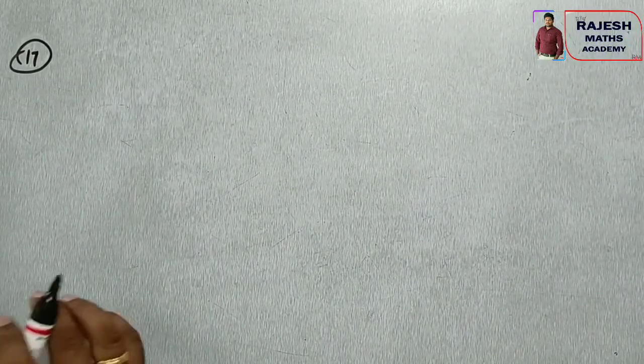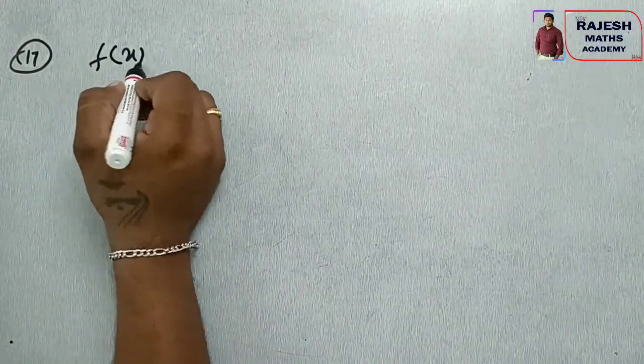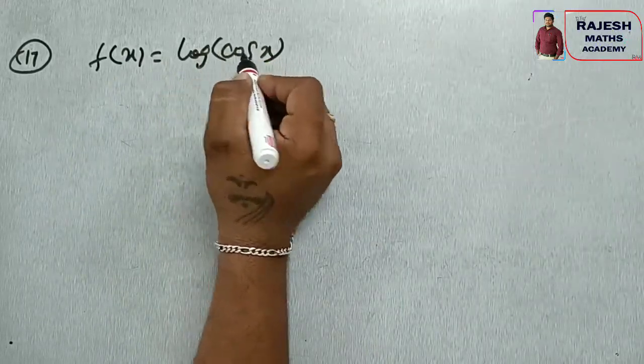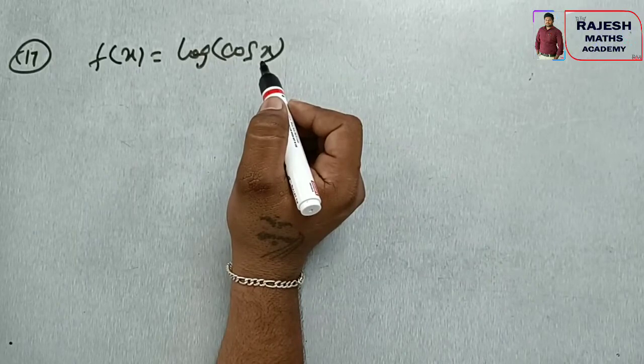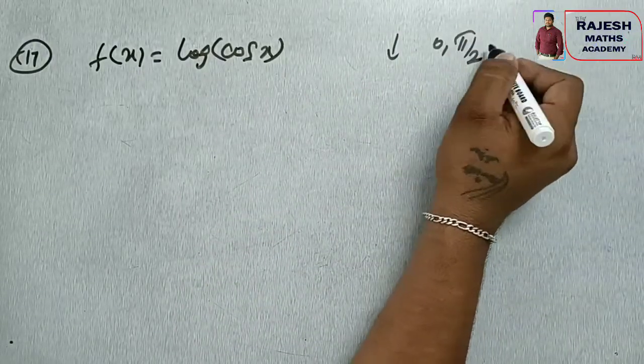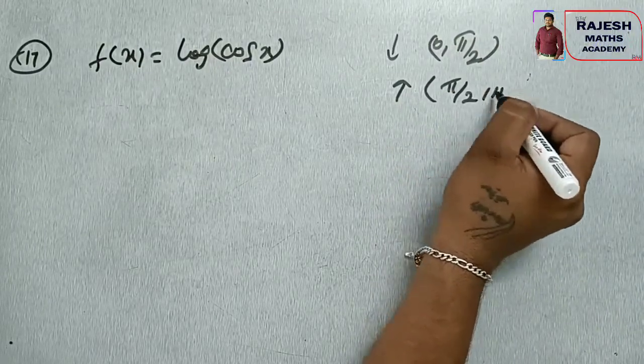Same question model. Prove that log of cos x, whereas the previous question was log of sin x. This question is log of cos x. So f of x equals log of cos x. This function is strictly decreasing on 0 to pi by 2 and strictly increasing on pi by 2 to pi.